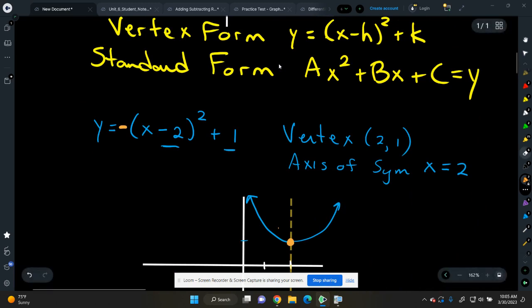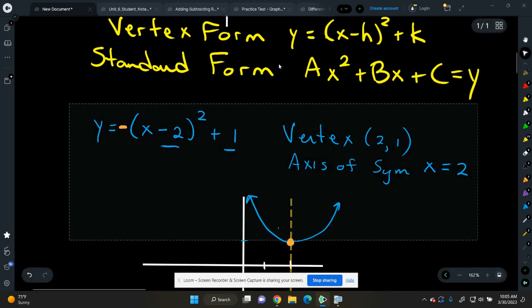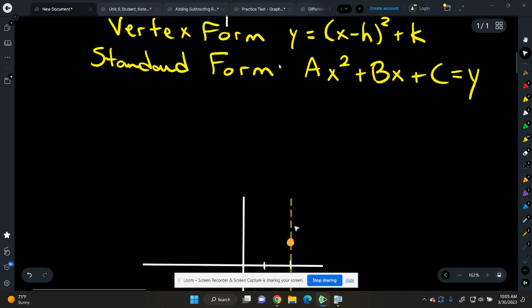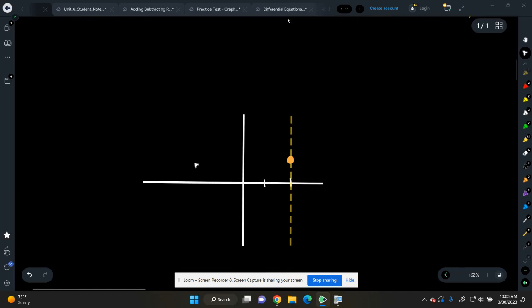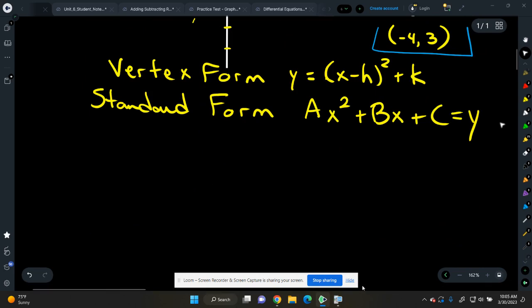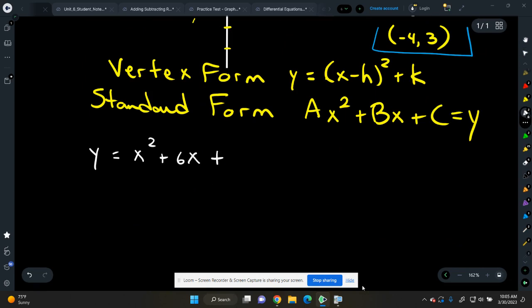So let's look at an equation. This time we're going to look at the standard form. These are a little bit harder to graph, but we find that we can find other information from them. So for instance, let's look at the line y equals x squared plus 6x plus 8.